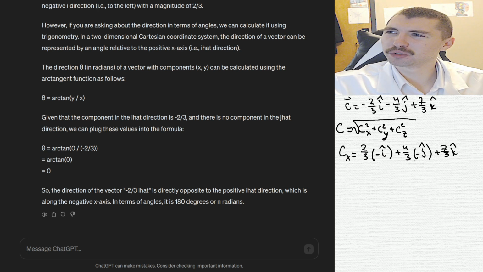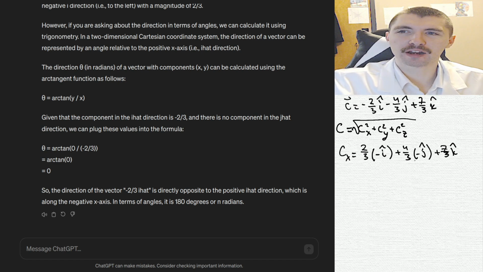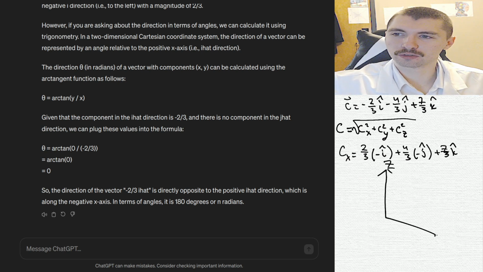Maybe it's more intuitive when you do that. So this is saying we're going a magnitude of 2/3 in this direction. If we had to draw this, this is your Z axis, this is your Y, this is your X. We're going 2/3 this way.